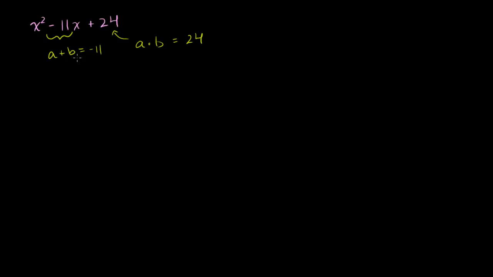So the fact that their sum is negative and the fact that their product is positive tells me that both a and b have to be negative. Remember, one can't be negative and the other positive, because then the product would be negative. And they both can't be positive because then when you add them, it would get you a positive number.